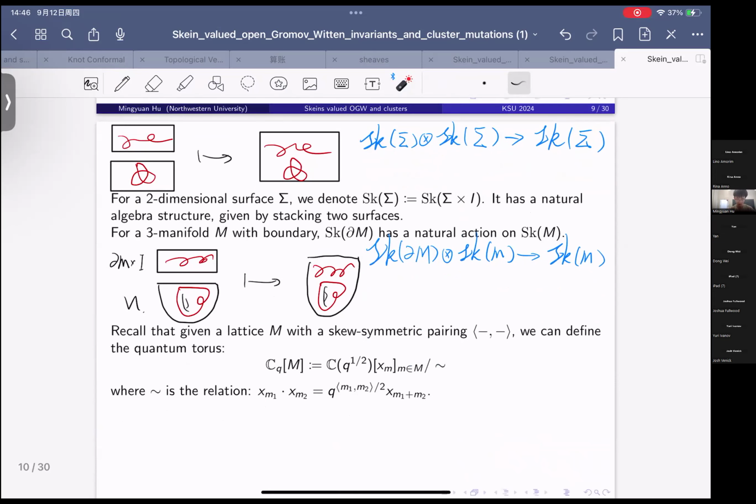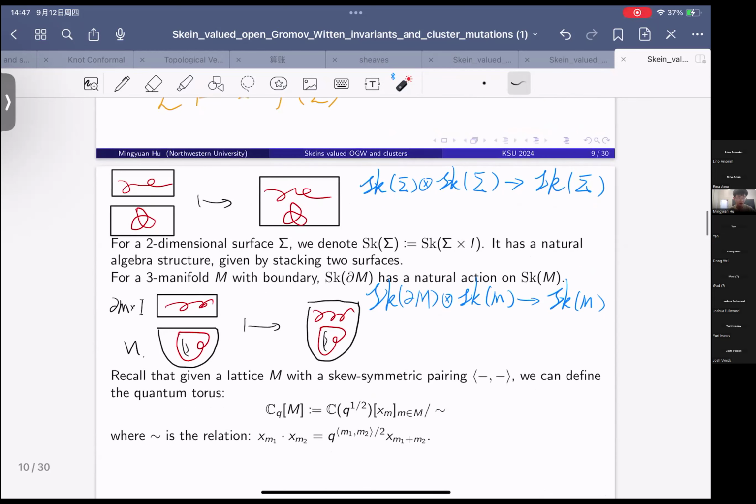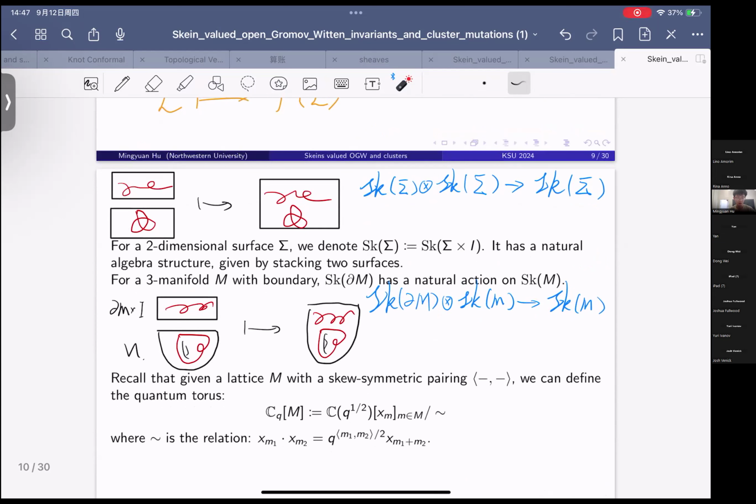A question: it's about skein module theory. Is it known how they behave with respect to surgery and some functorial things like Kirby moves? We know very little, or we know some examples like the torus, but in general the skein module is super complicated.